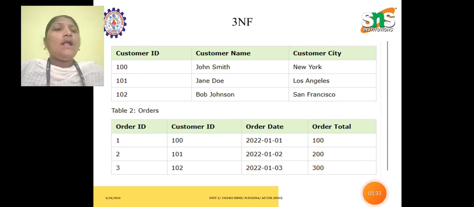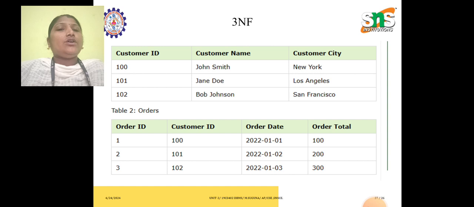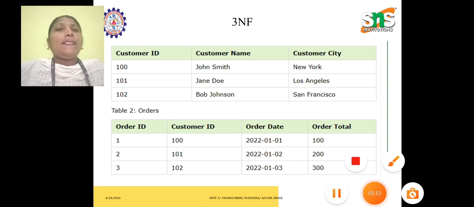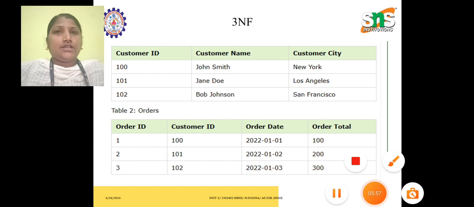So there is no partial dependency and also no transitive dependency. Similarly in the second table, order ID and customer ID are the primary keys. Order date is fully dependent on order ID and customer ID. Similarly the order total is also dependent on order ID and customer ID and there is no transitive dependency. So now these two tables are in third normal form.